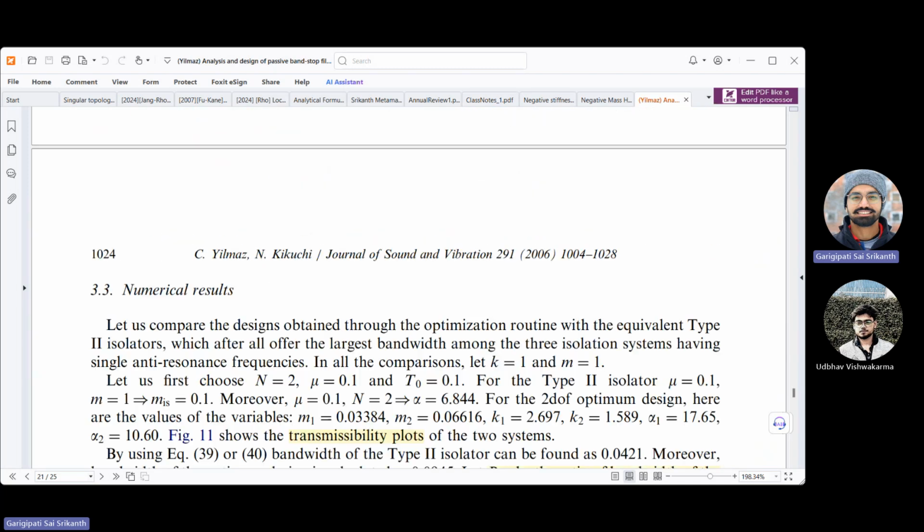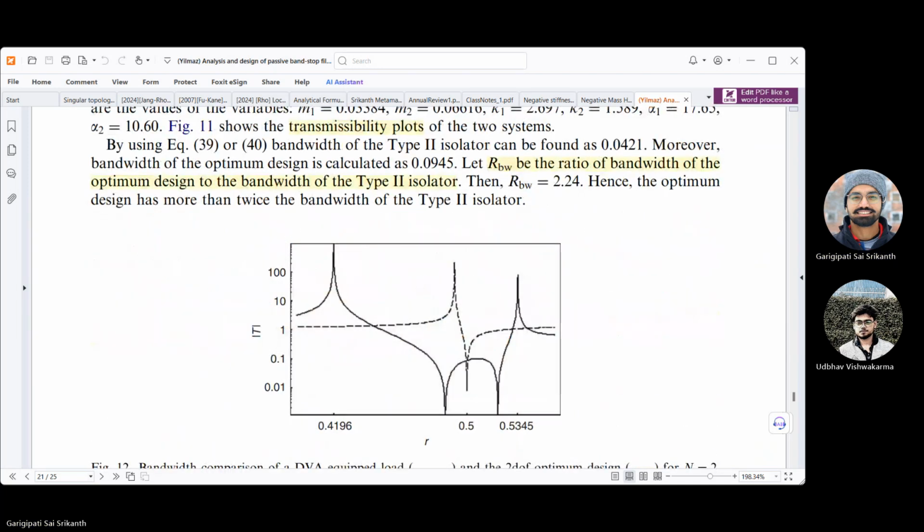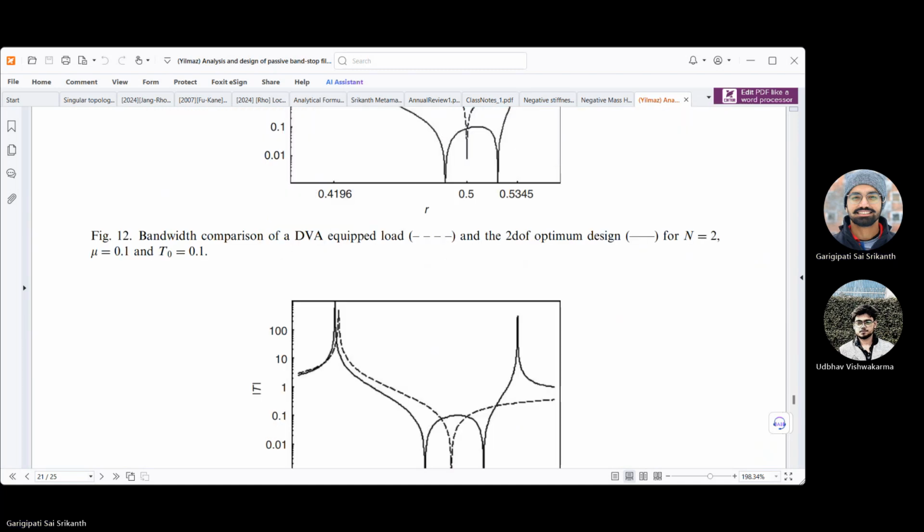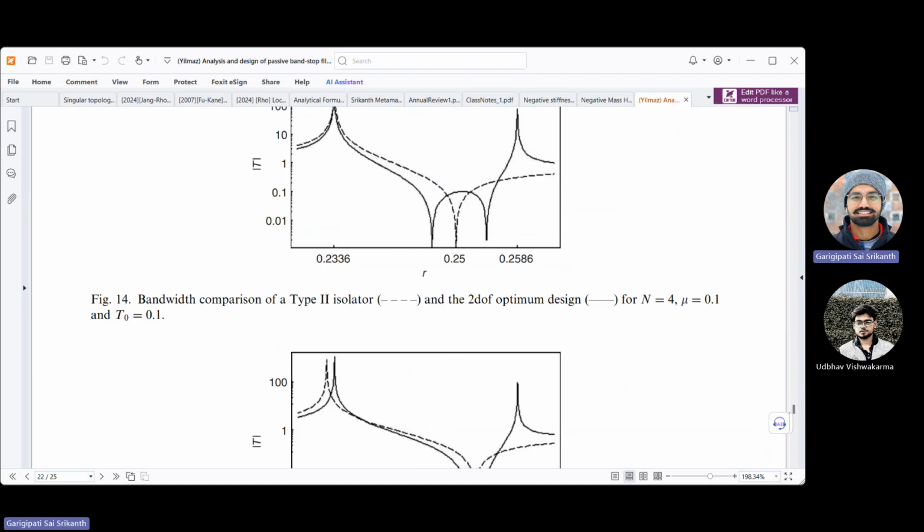So they are really playing with transmission plots. They show a really broad dip in the solid line. That dip in transmissibility is what, when you use something like that in a unit cell, is going to give you that broad band gap. Again, they're playing with the dips.